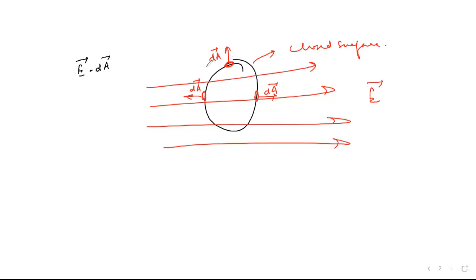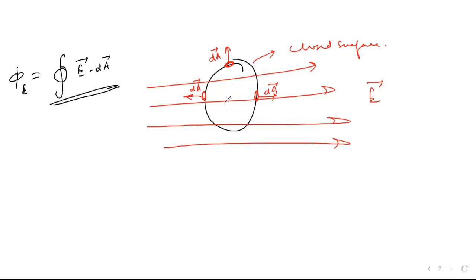So you find E dot dA for each patch, where dA is the area vector and E is the electric field at the location of the patch. Then we sum these dot products over the whole closed surface, and mathematically that is written as this. So this integral means the electric flux through this closed surface.